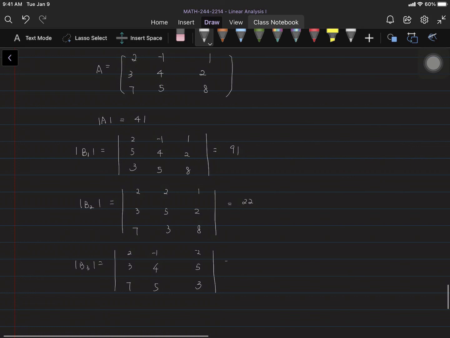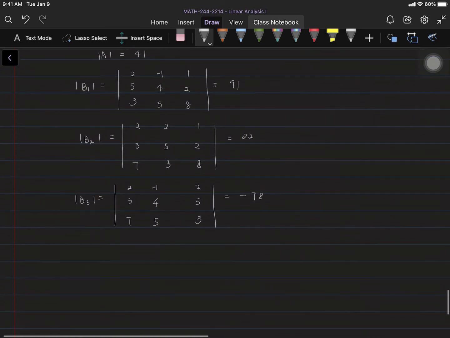Okay, and this is negative 78. So let's see what is x1. x1 equals determinant of B1 over determinant of A. So B1 determinant is 91 divided by 41. And x2, 22 over 41. x3, negative 78 over 41.